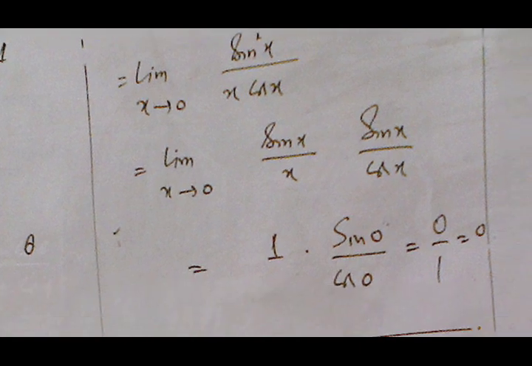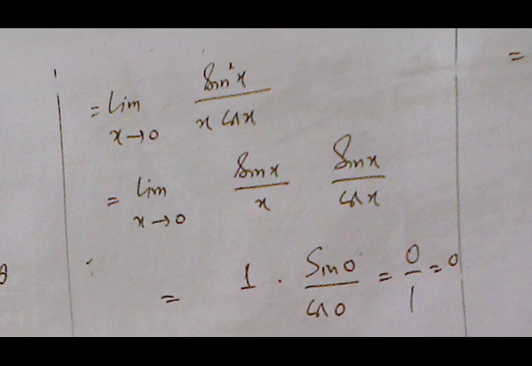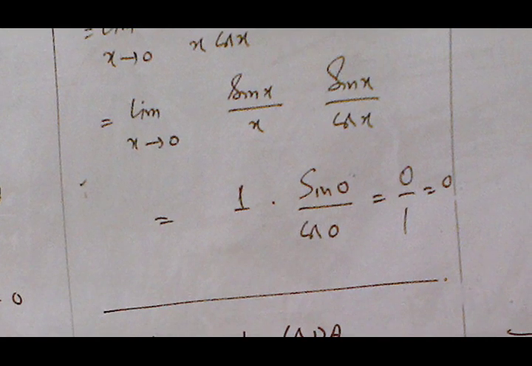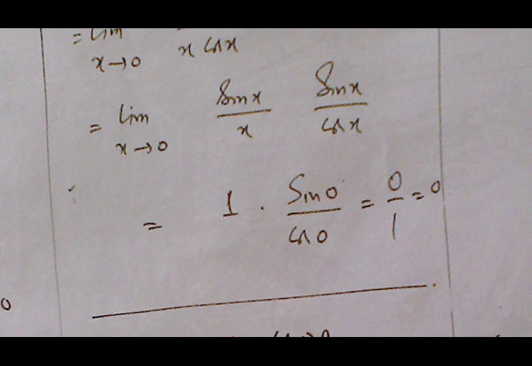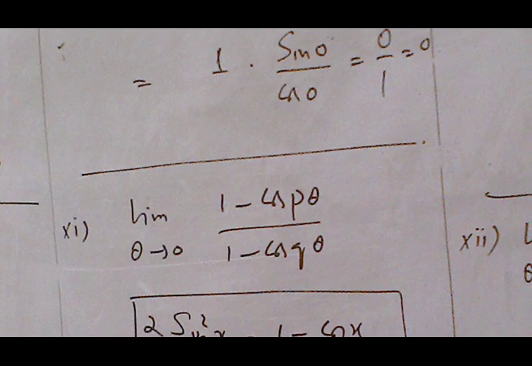Then we write it as a fraction: sin x over x and sin x over cos x. Sin x over x is equal to 1, and on the other fraction we apply the limit: sin 0 over cos 0. Sin 0 is equal to 0 and cos 0 is equal to 1.